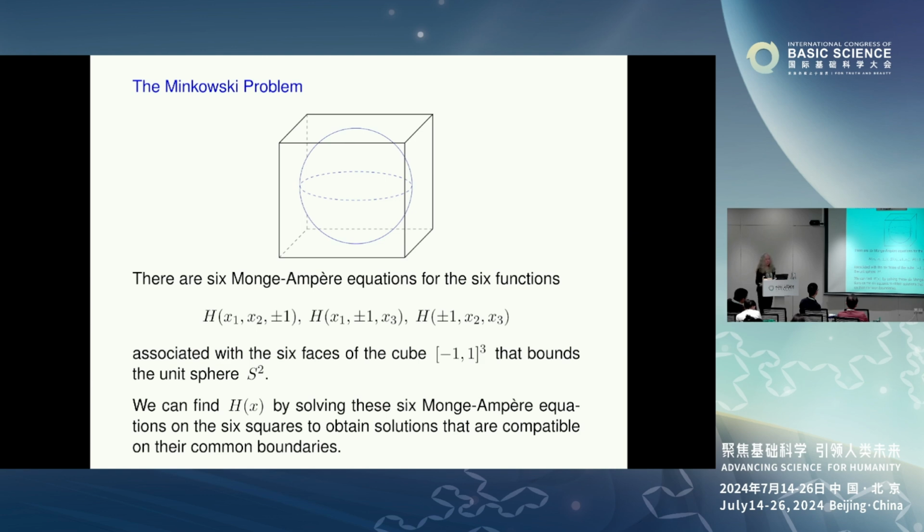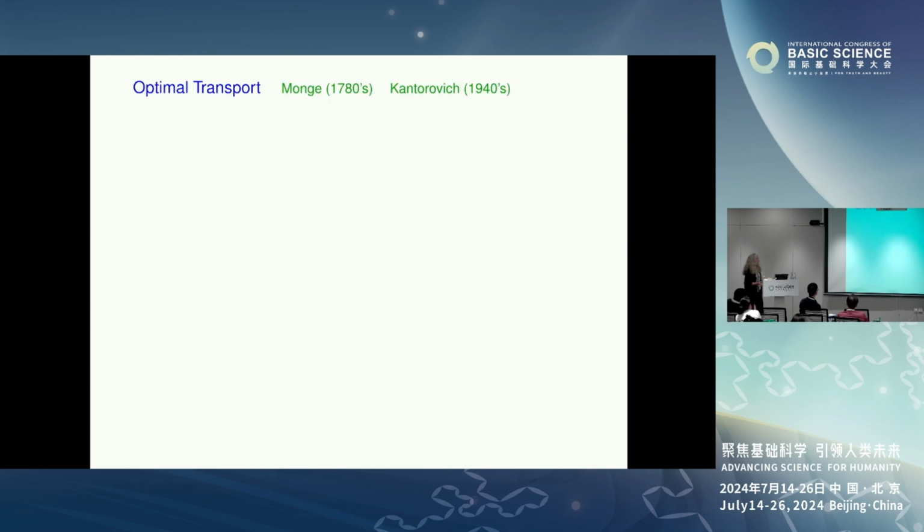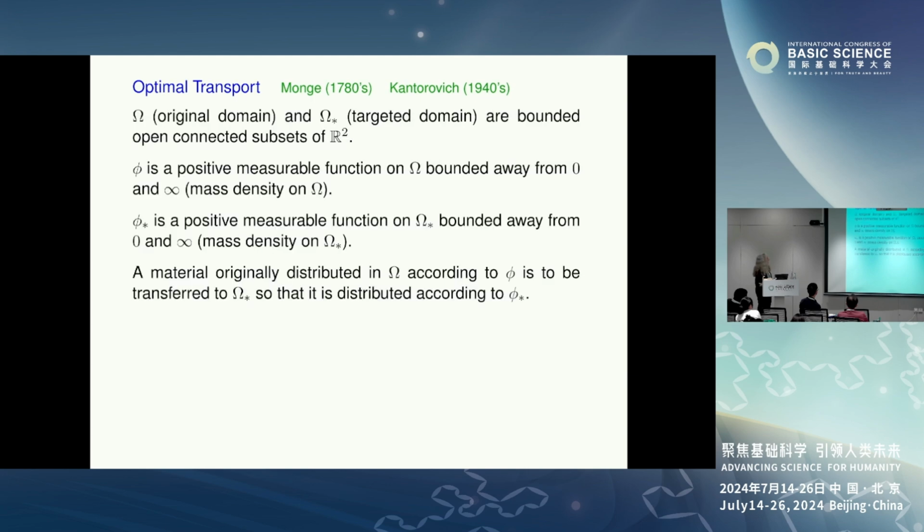The Monge-Ampere equation also appears in optimal transport. We have 2 domains, omega and omega star, and we have a mass density phi on omega and a mass density phi star on omega star. A material originally distributed in omega according to phi is to be transferred to omega star, so it's distributed according to phi star.